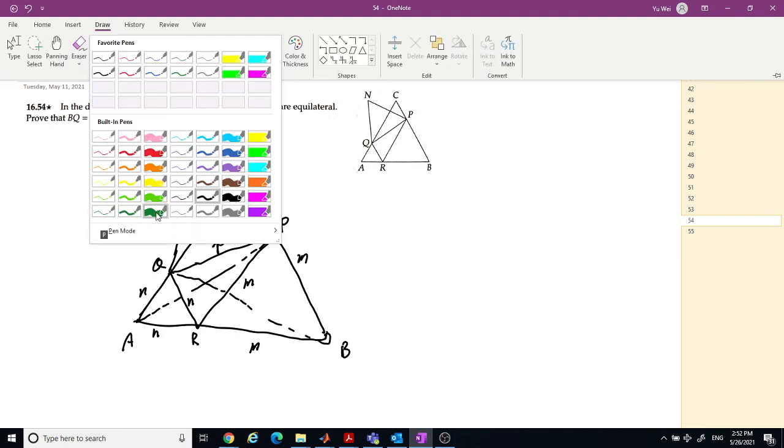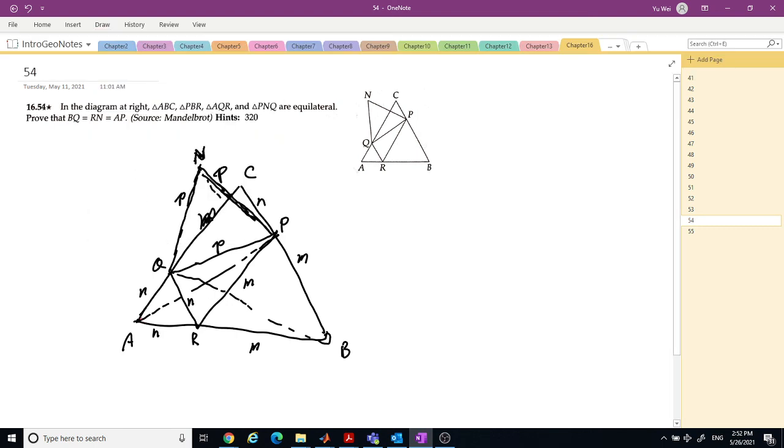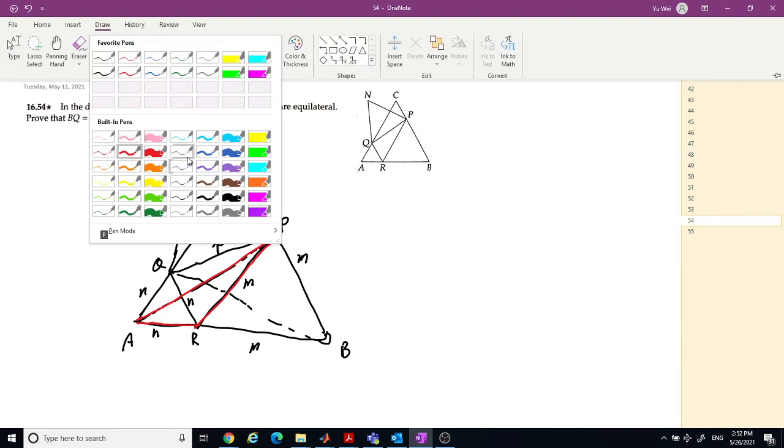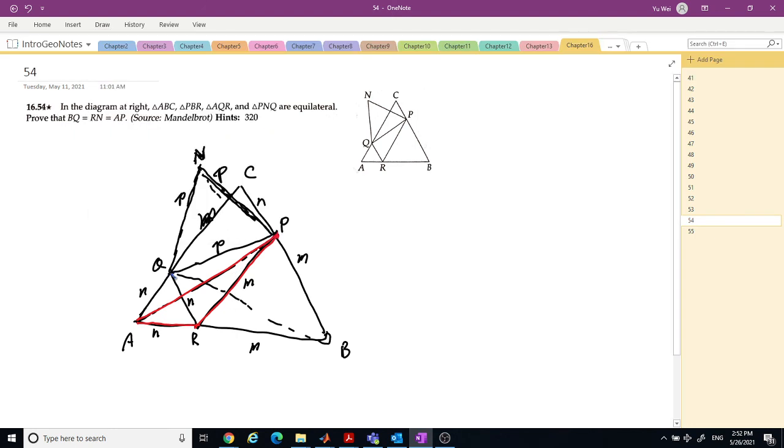Let me draw the first triangle, APR. Let me draw the second triangle. Let's see, triangle PRA and triangle BRQ.